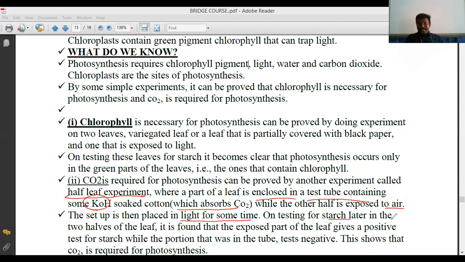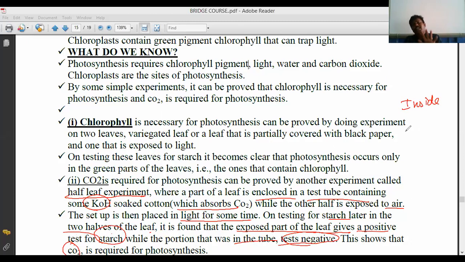On testing for starch later in the two halves of the leaf, it is found that the exposed part of the leaf gives a positive test for starch. The part of the leaf located outside performed photosynthesis, while the portion that was in the tube gives a negative test. This shows that carbon dioxide is required for photosynthesis. The part inside the tube does not receive carbon dioxide.